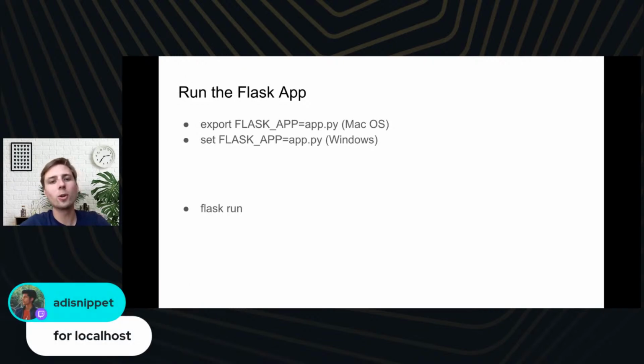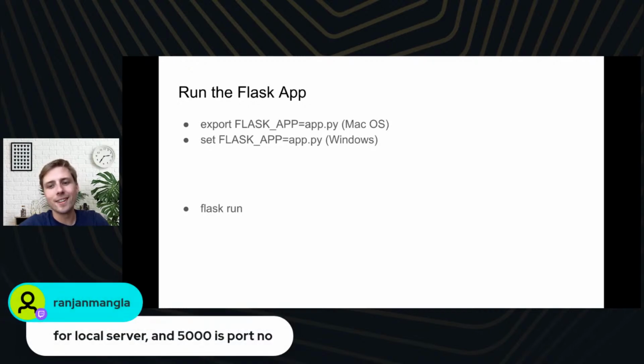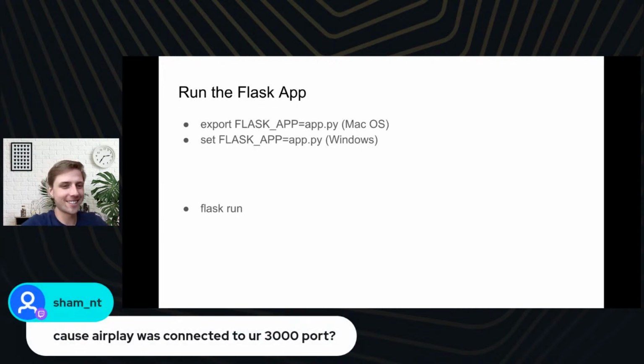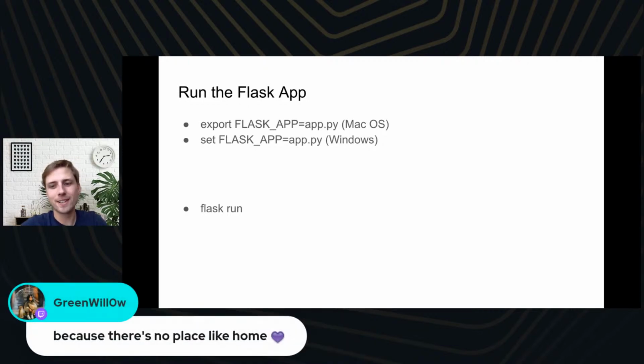It is for localhost. Localhost is 127.0.0.1 on most computers, and 5000 is the port number. AirPlay was messing with things yesterday, so I apologize for that, but today I think we'll be just fine. Green Willow says, because there's no place like home. That's right, that's why we use localhost.